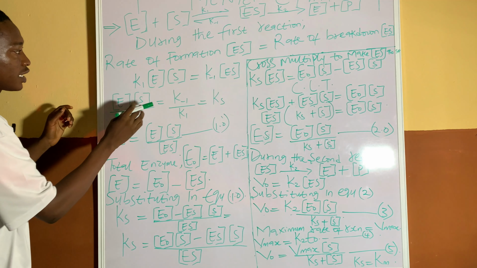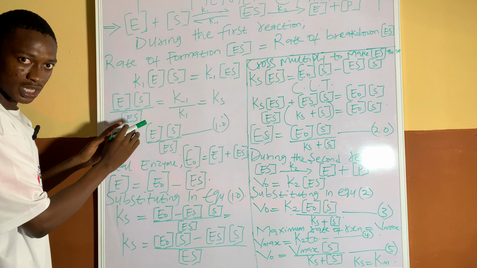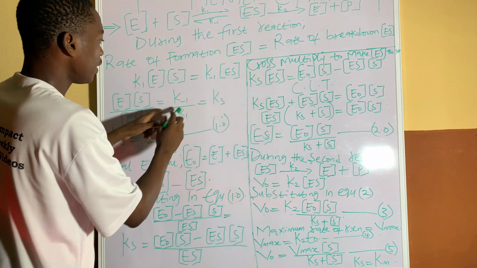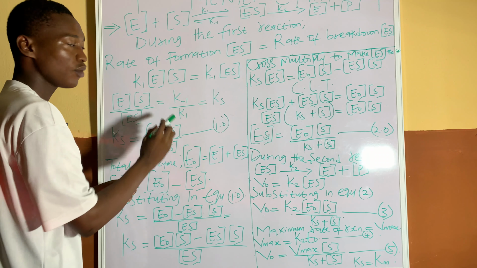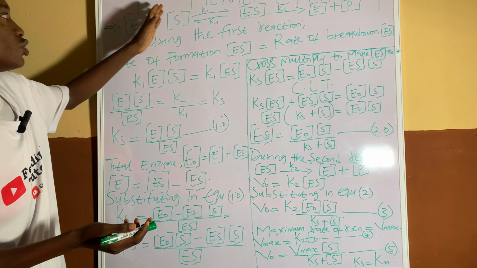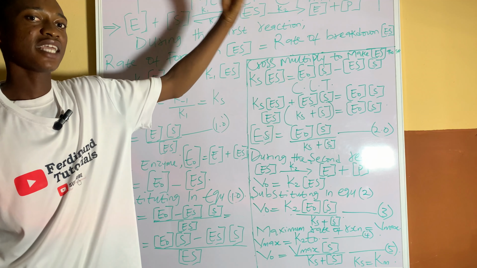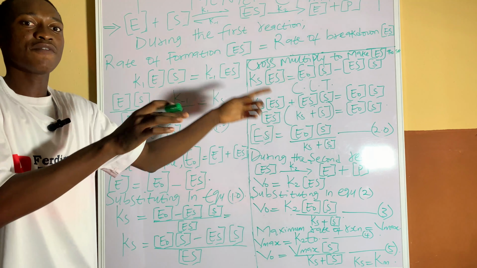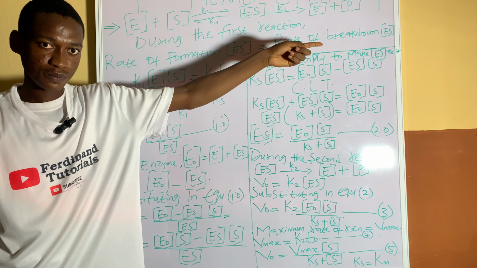So we have concentration E times concentration S all over concentration ES equal to K subscript minus 1 all over K1. Are we together? Remember that the whole analogy is just to explain that enzyme binds to substrate to form the enzyme substrate complex, and then in a further, irreversible reaction, we have free enzyme plus product.